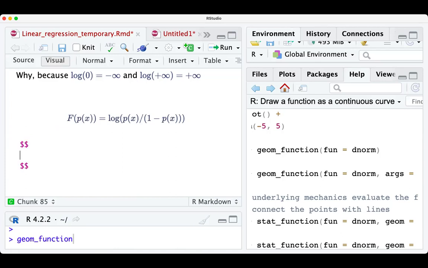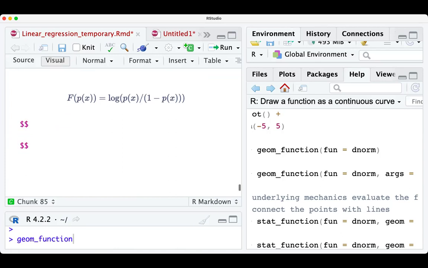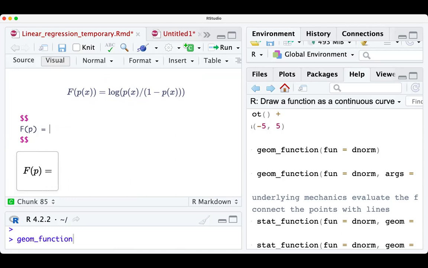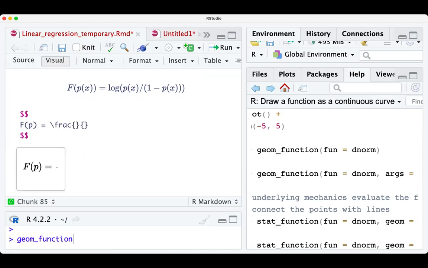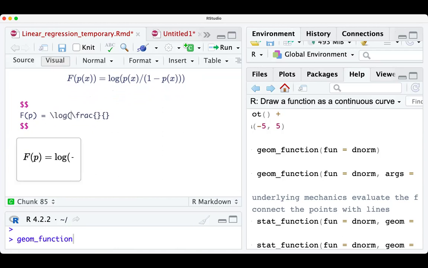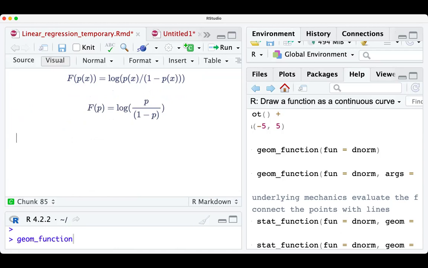Maybe it's better to call it f of p, equal to the logarithm of p divided by 1 minus p. And this function has an inverse, which is sigma, the sigmoid function.